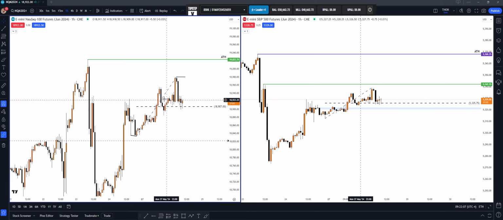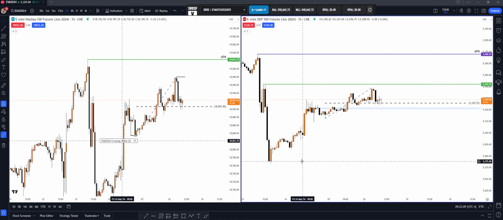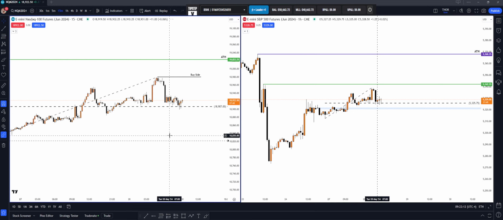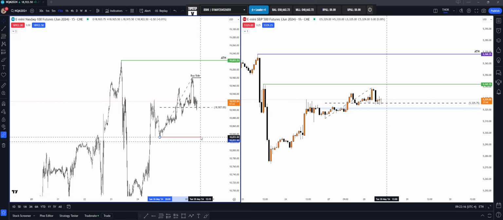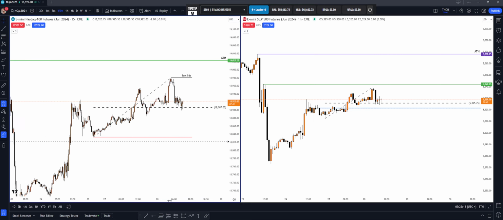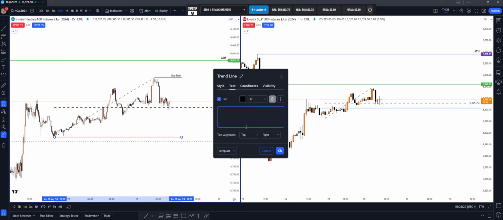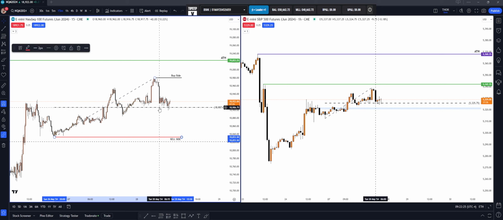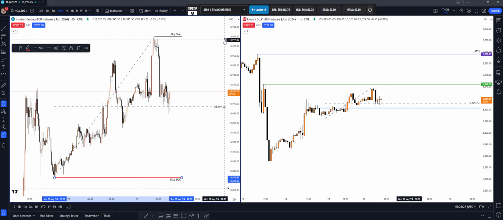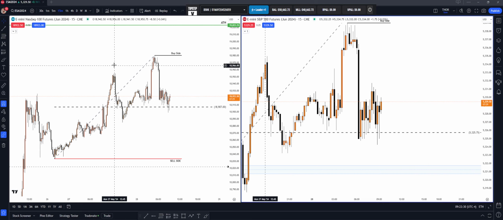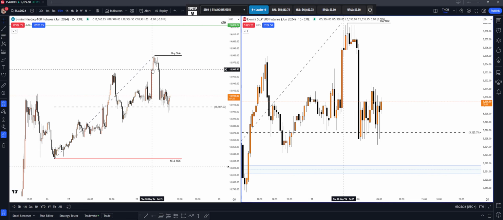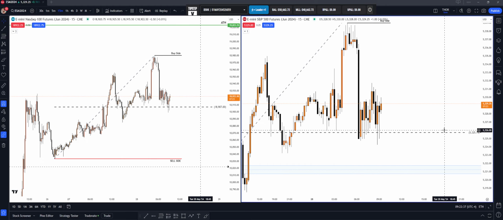I really thought this would send it overnight, but it didn't happen. On the 15 minutes, we have the south side down here. Dealing range is being respected right now. Although I don't like the reaction at this level, like the whole rally shouldn't have faded in my opinion.